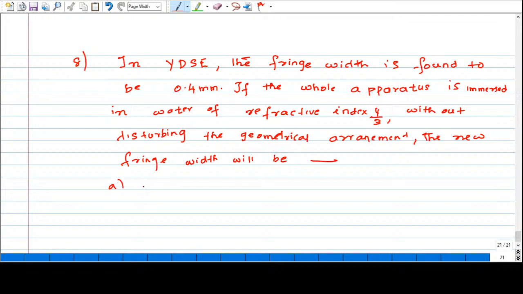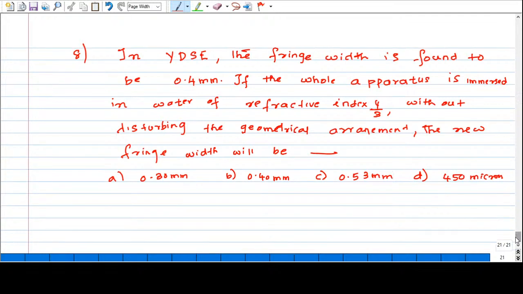Option A is 0.30 mm, option B is 0.40 mm, option C is 0.53 mm, and option D is 450 microns. This is also an important question. Let us go for the solution for this question.